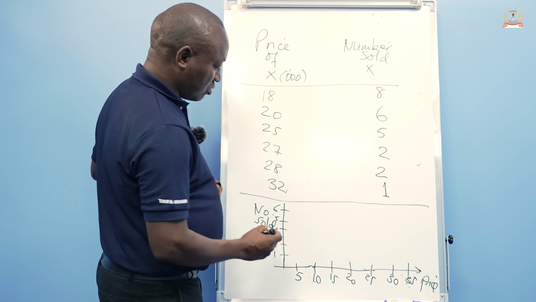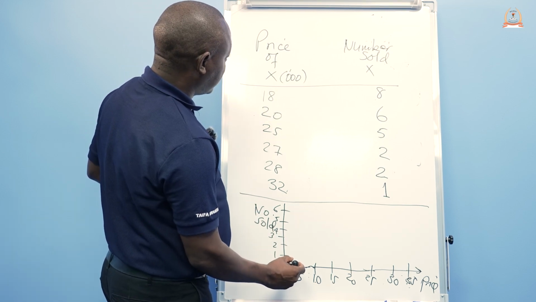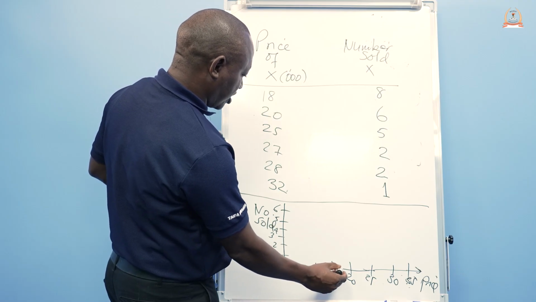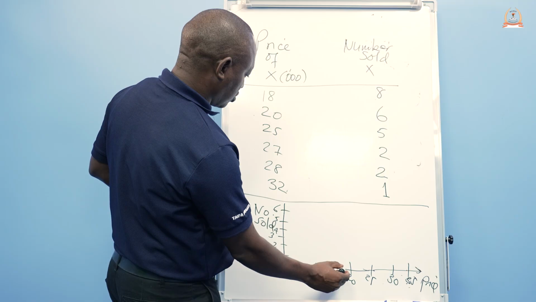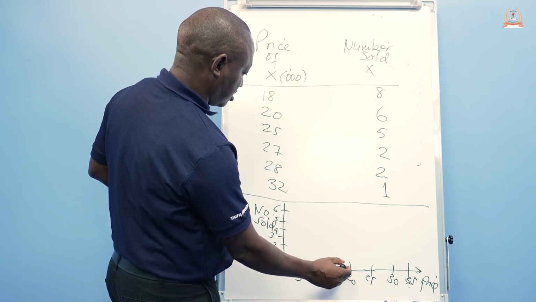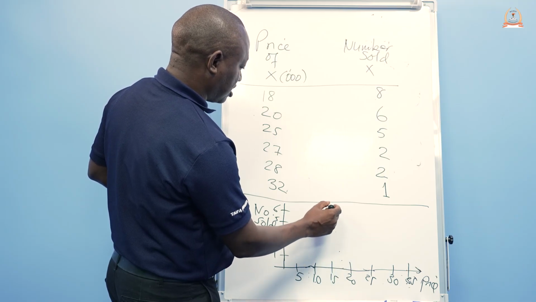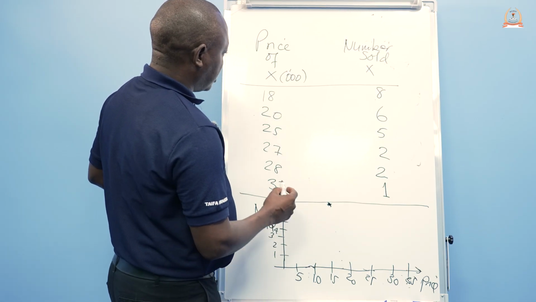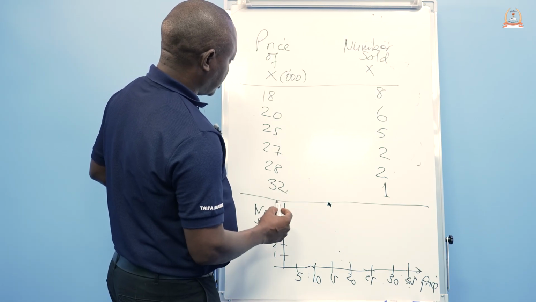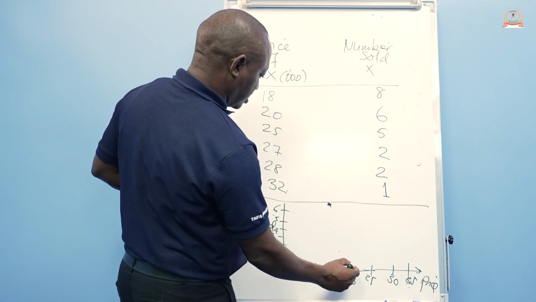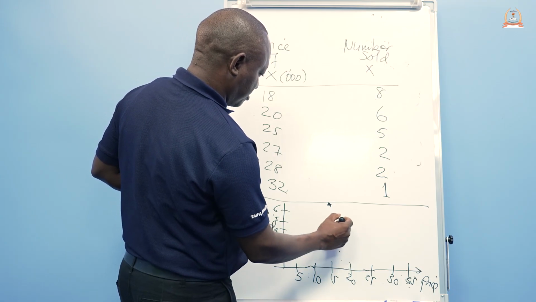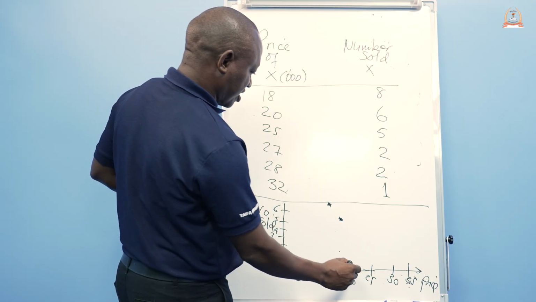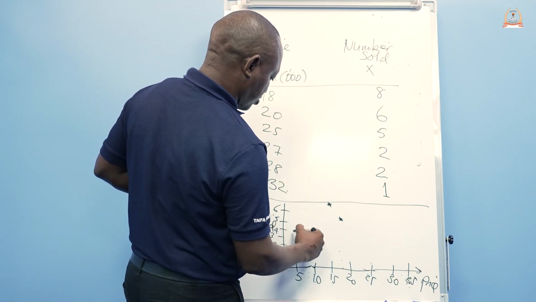So you see now, when the price was 18, maybe somewhere here, the number sold was 8, so maybe it should be somewhere up here. And when the price was 20,000, only 6 items were sold, perhaps here. And when the price was 25, only 5 items were sold, maybe somewhere here.